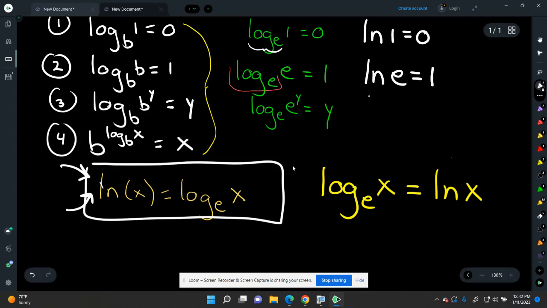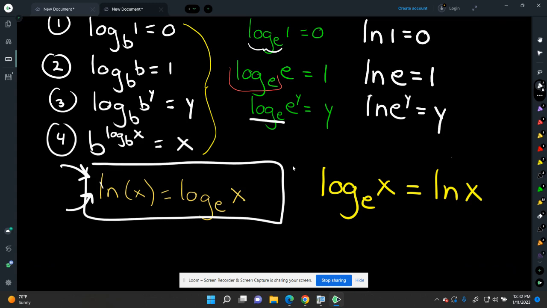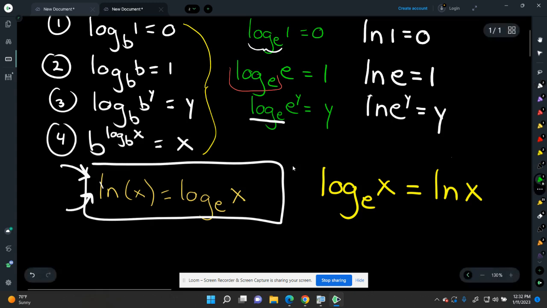So now this property tells me, because remember, natural log is the same as log base e. So I've got natural log of what? Of e to the y. What does that equal? Y. And then look at this property.